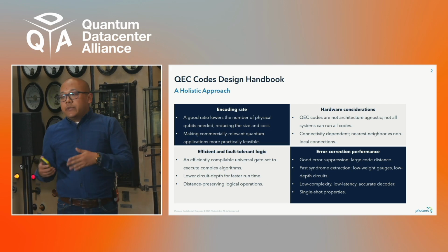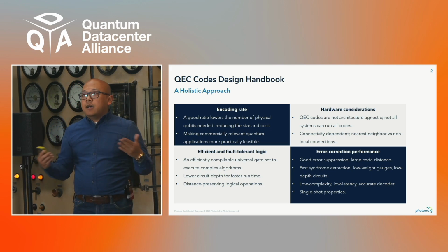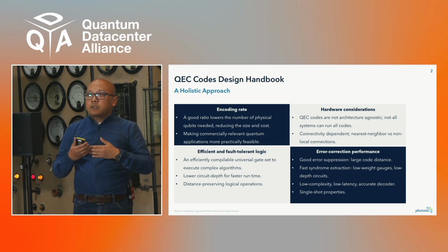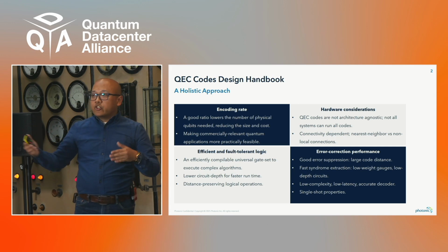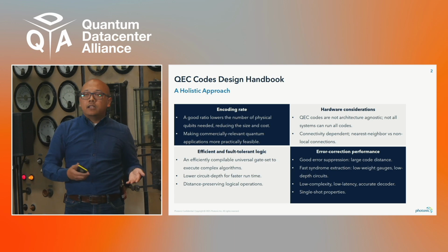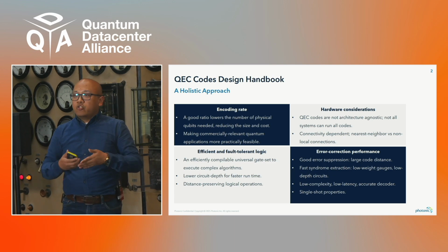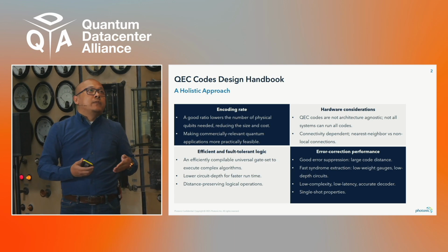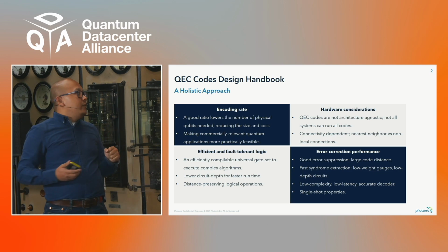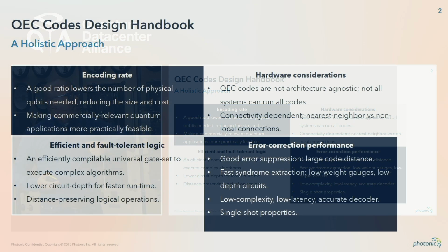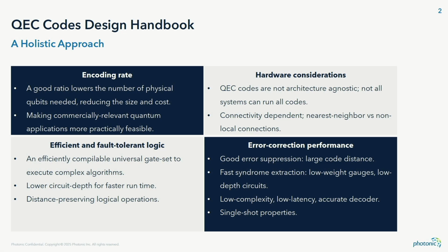That's fine, but now as we try to scale up, try to look at the longer term, try to reach the utility scale of quantum computers, that trade-off is not enough. So here, this is the QEC Codes Design Handbook. In the future, when designing quantum error correction codes, we should pay attention to things beyond the encoding rate.